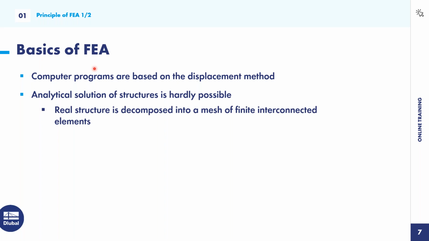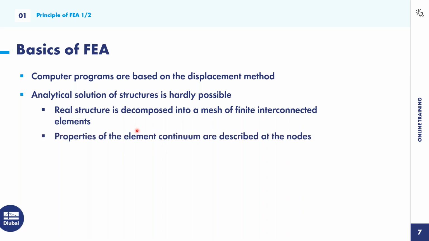So what will be done in this whole finite element analysis? The real structure is decomposed into a mesh of finite interconnected elements, and these elements, this is the finite element analysis. So we take the real structure and decompose it into a mesh of finite elements.